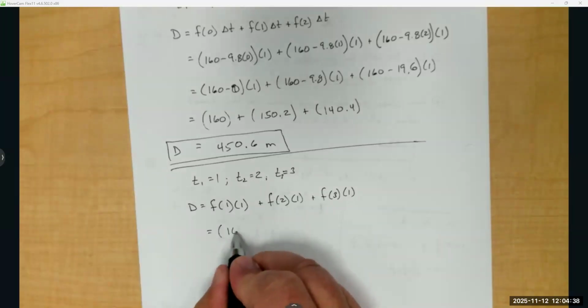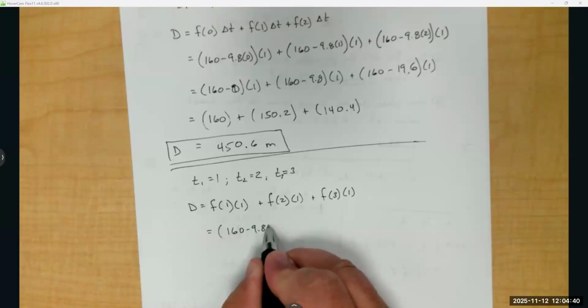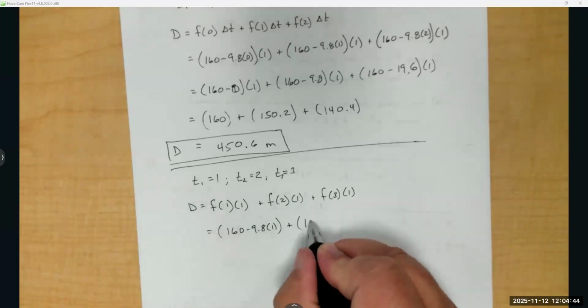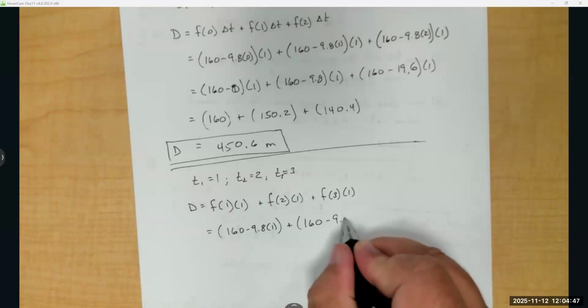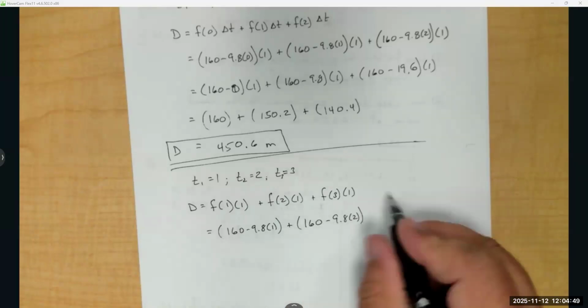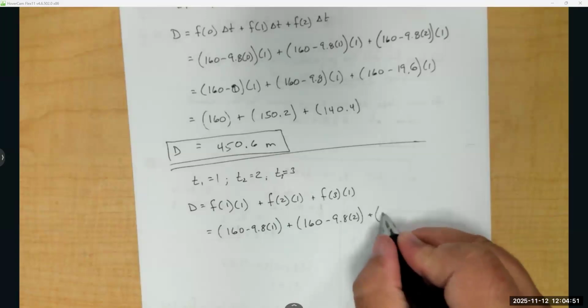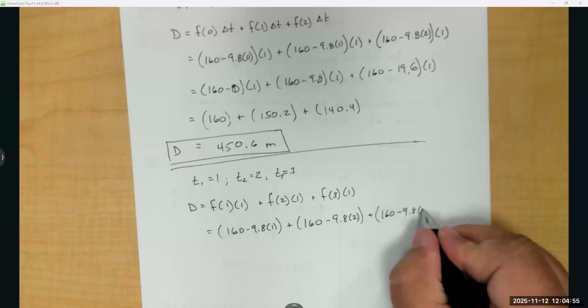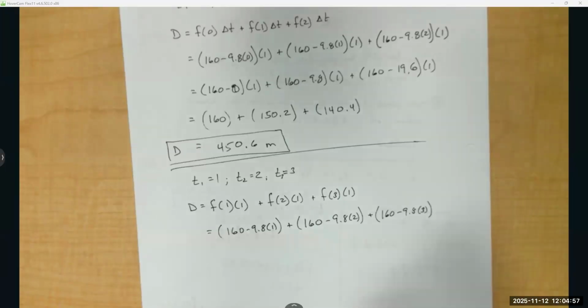So we have 160 minus 9.8 times 1, 160 minus 9.8 times 2, 160 minus 9.8 times 3. Then they're all times 1.